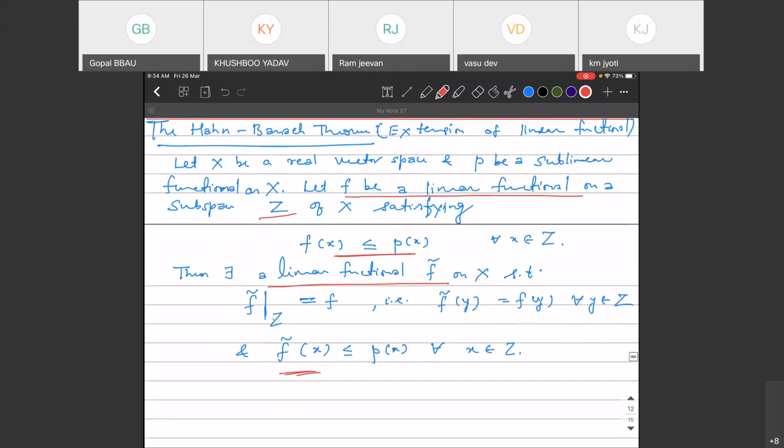So this is the Hahn-Banach theorem for vector spaces. We will see the Hahn-Banach theorem for normed linear spaces, where the extension functional will preserve the norm as well.